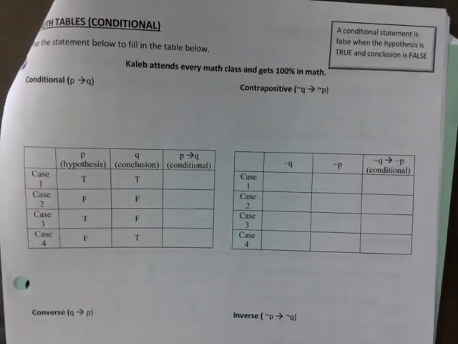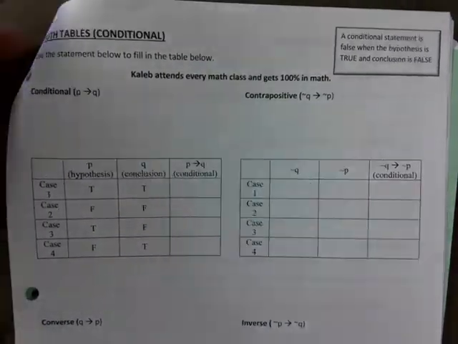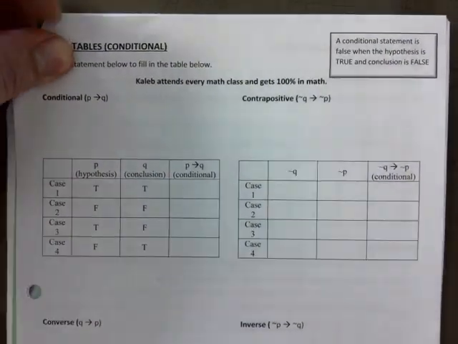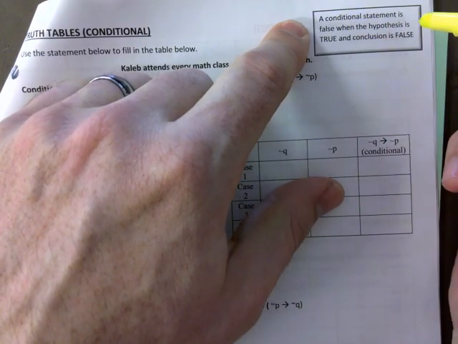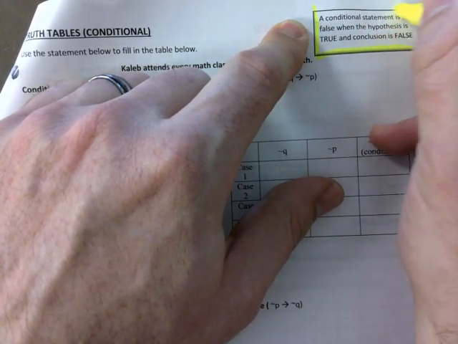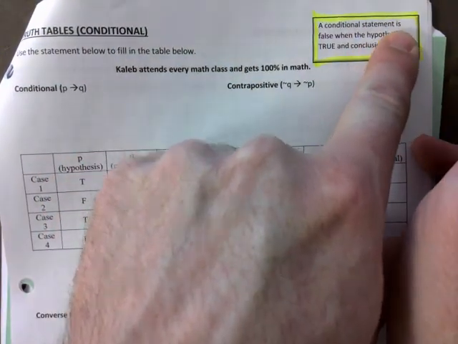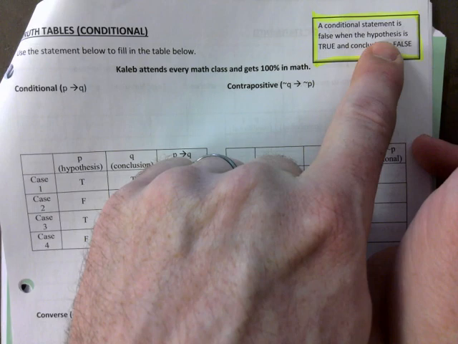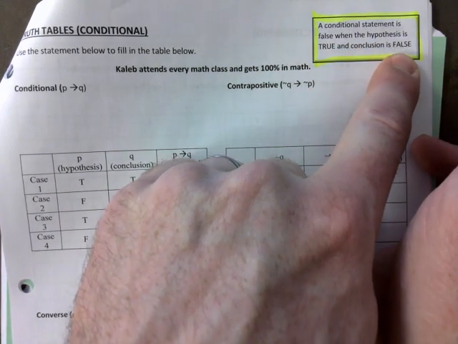Truth tables. You know what? I kind of like these, but you might not. So here we go. Maybe what I will start with is this box here. This is the same as the counterexample. A conditional statement is false when the hypothesis is true and the conclusion is false.